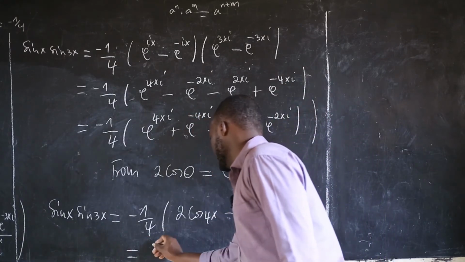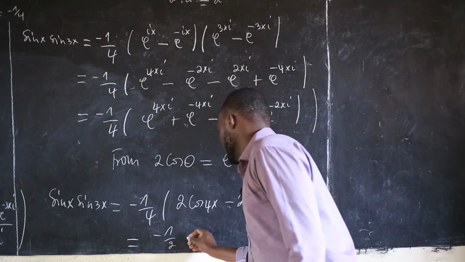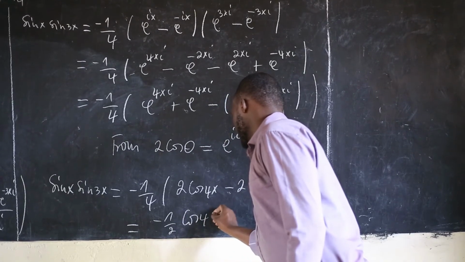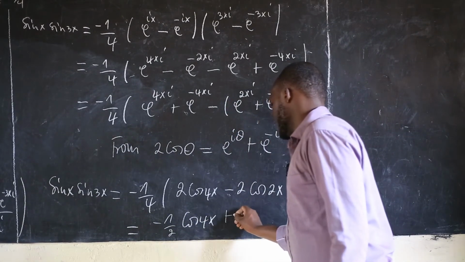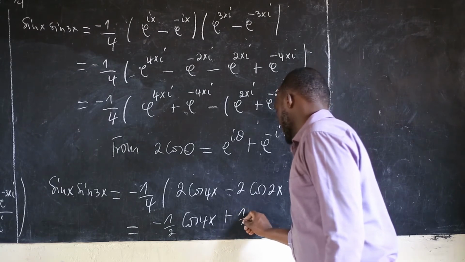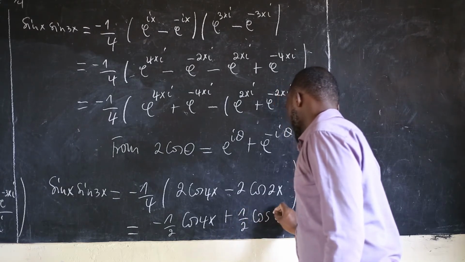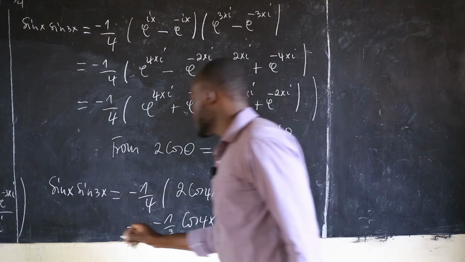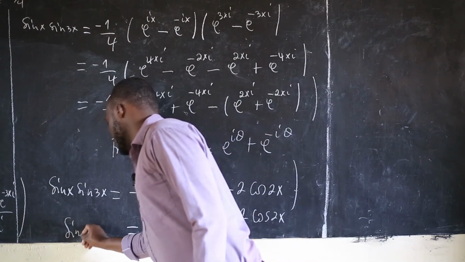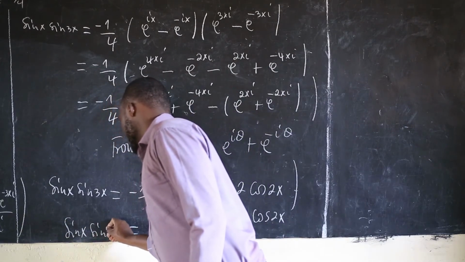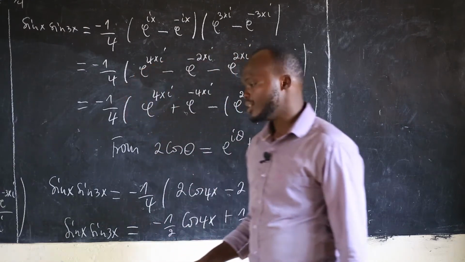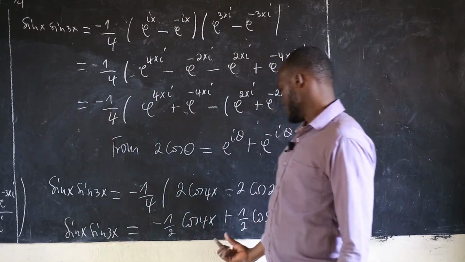So the answer is negative 1 over 2 cos 4x plus 1 over 2 cos 2x. So this is the value of sine x sine 3x. Now instead of integrating this, we're going to integrate this one.